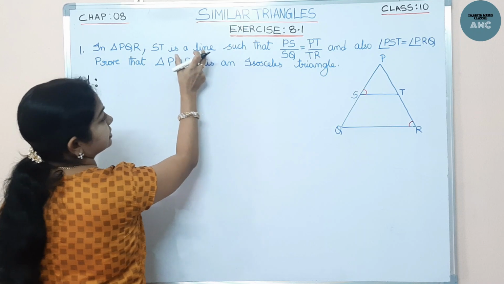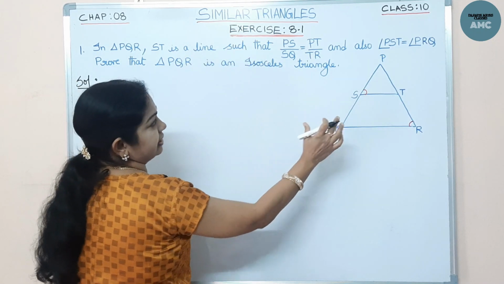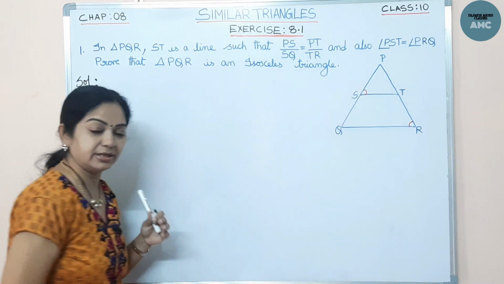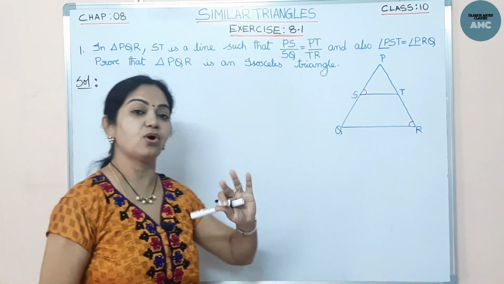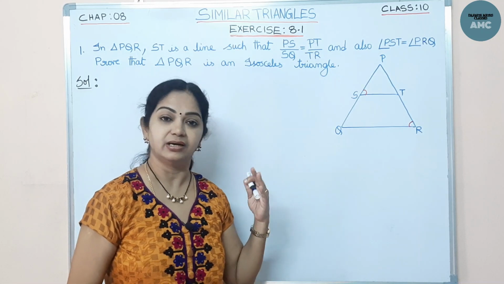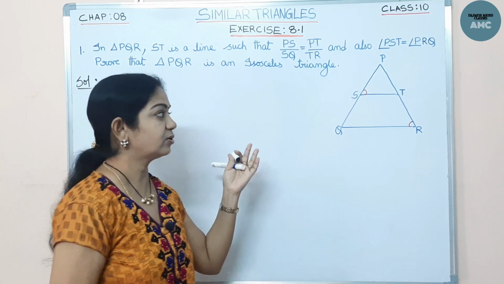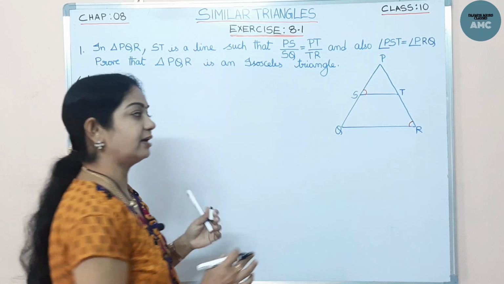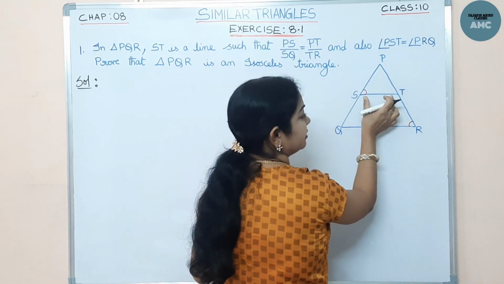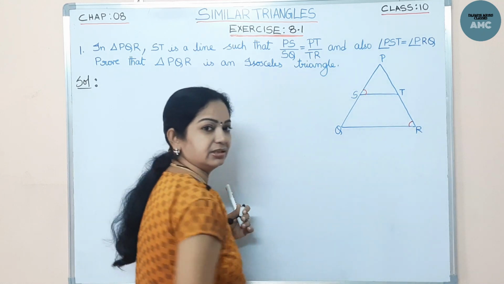What is given? ST is a line, just a line, such that the ratios are given. Now, when we see the converse of the basic proportionality theorem which we discussed in the earlier session, the converse tells that if they are divided in the same ratio, that means this line is parallel to the third side.